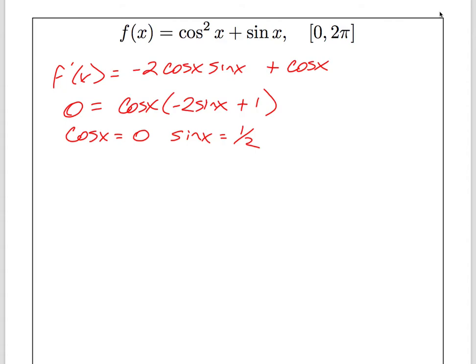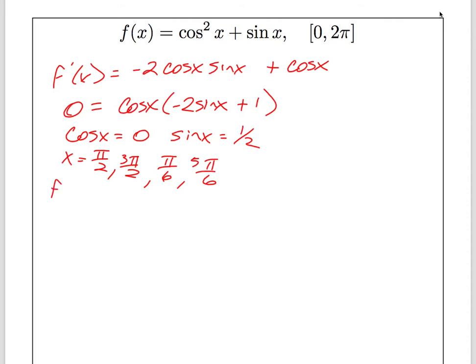So when does cosine equal 0? And when does sine equal 1/2? Pi over 6 and 5 pi over 6. What two quadrants is sine positive in? Top 2.